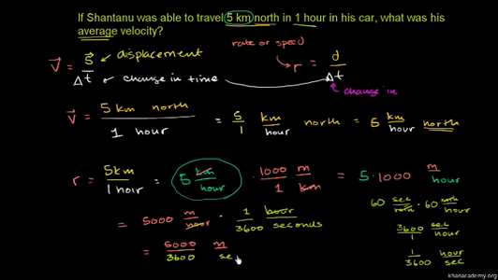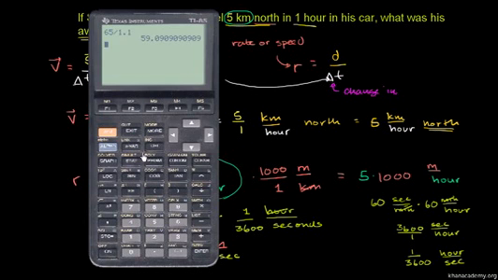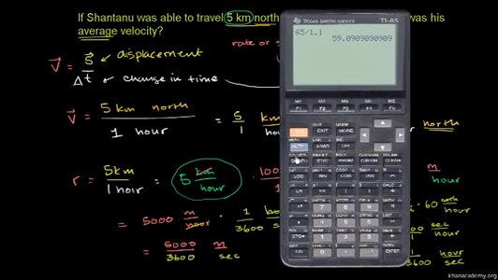Meters per second. And if we divide both the numerator and the denominator, well, I could do this by hand, but just because this video is already getting a little bit long, let me get my trusty calculator out. 5,000 divided by 3,600, which would be really the same thing as 50 divided by 36. That is 1.39, I'll just round it.